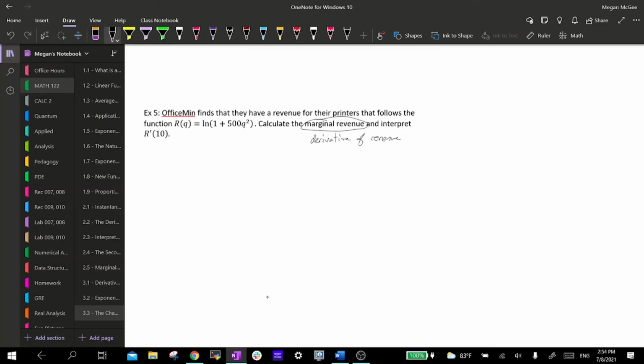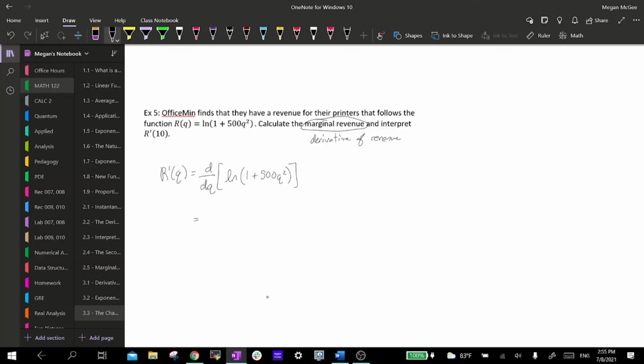So let's go ahead and calculate the derivative. So we need R prime of Q, which is the derivative with respect to Q of our natural log of 1 plus 500 Q squared. Okay?